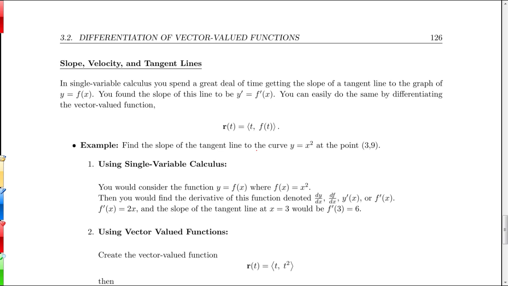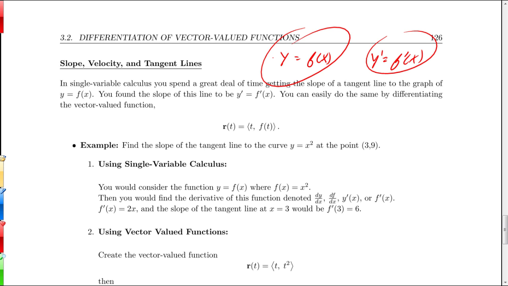And then again, you might say, I really like the old y equals f of x. I hate to see that go away. The fact is, it is sort of going away. But if you still have y equals a function of x, and then you'd say, oh, y prime equals f prime of x, we can do this stuff with vector valued functions, right?